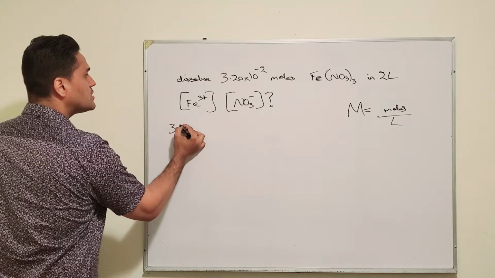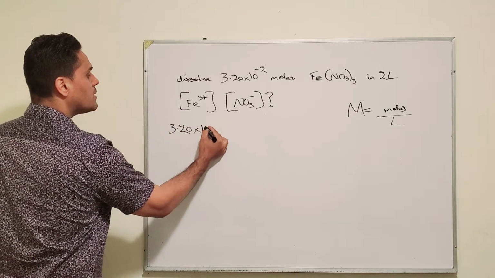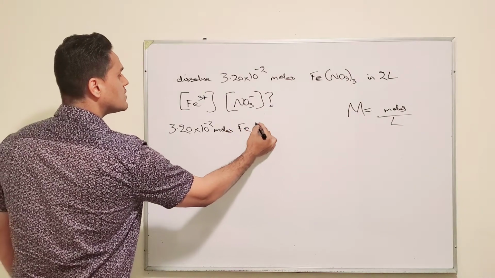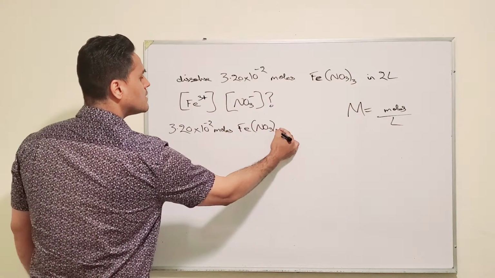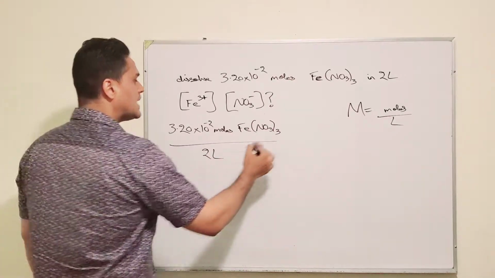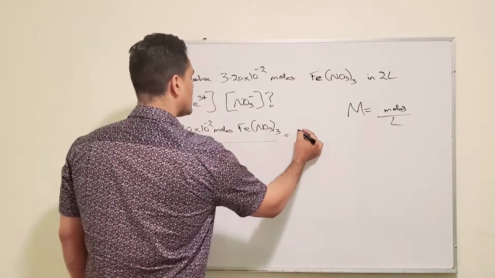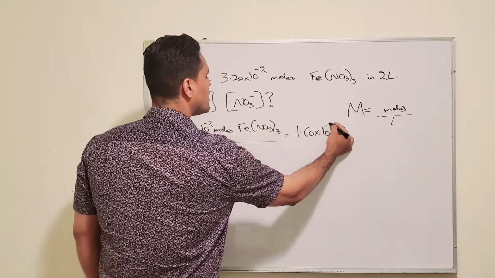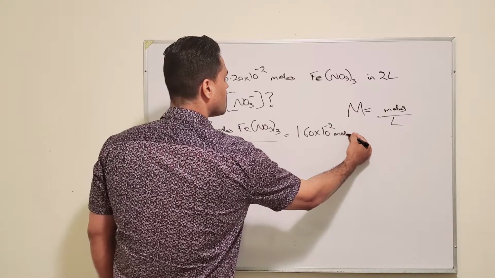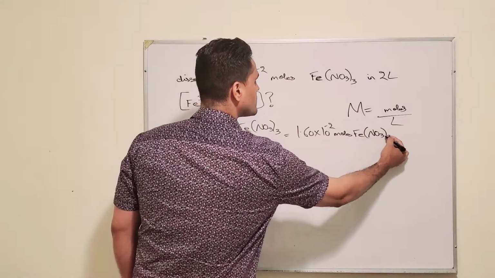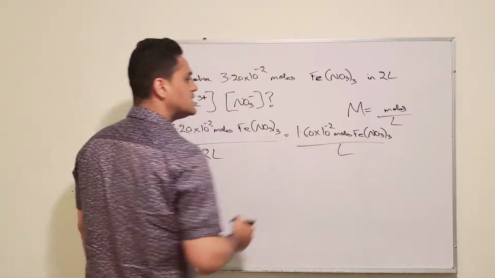We have 3.20 times 10 to the power minus 2 moles of FeNO3, and we're going to divide it by 2 liters. And this tells me that I have 1.60 times 10 to the power minus 2 moles of FeNO3 per liter.